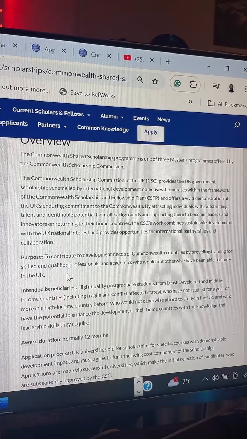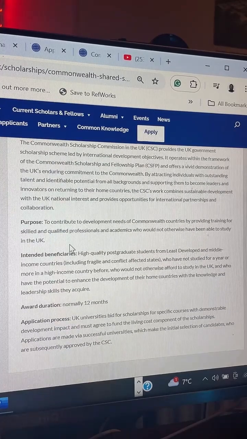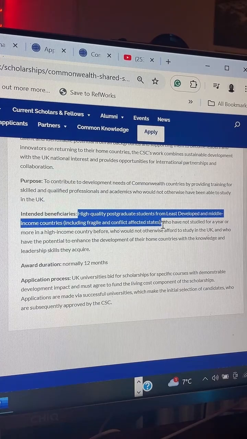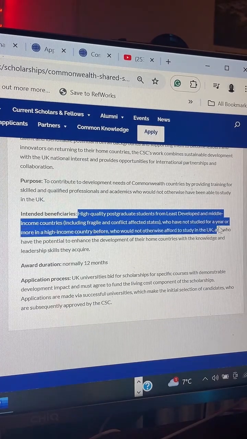So basically, it's for anyone who would not be able to afford the tuition fees and all the expenses for education in the UK. This opportunity is for anyone who is interested in coming to the UK to complete their master's degree.